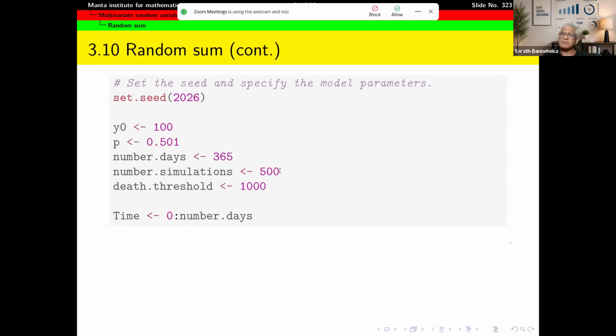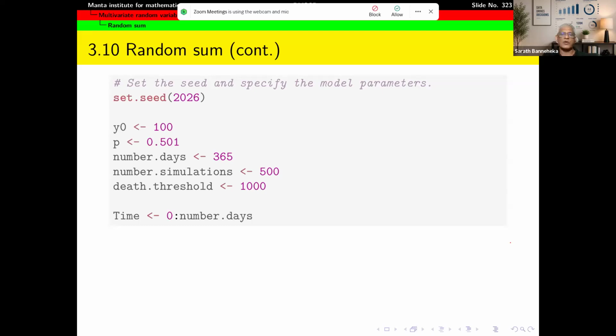And then we'll see, for example, we will just consider for this particular example, suppose a person at some point, say, for example, not even at 365, but at some point, his actual number of cells is greater than 1,000, that person then dies, for example. Let's assume so.